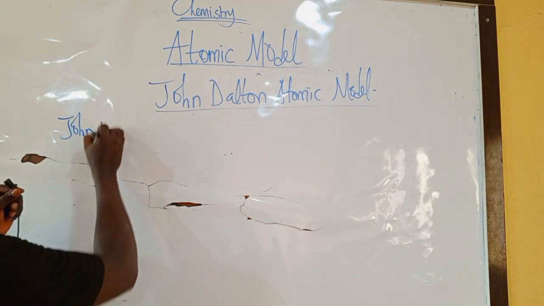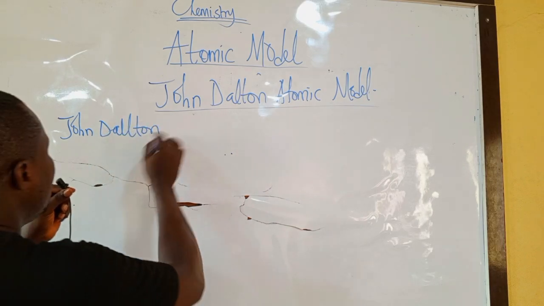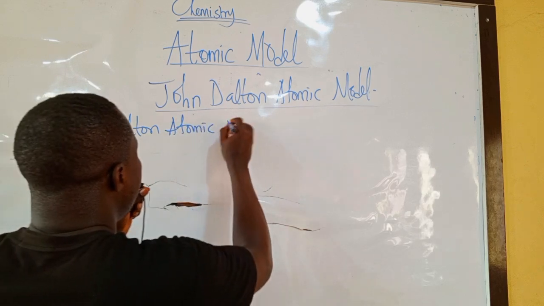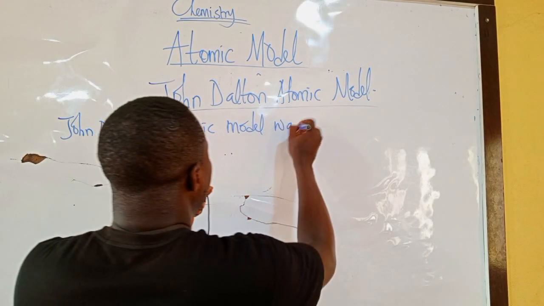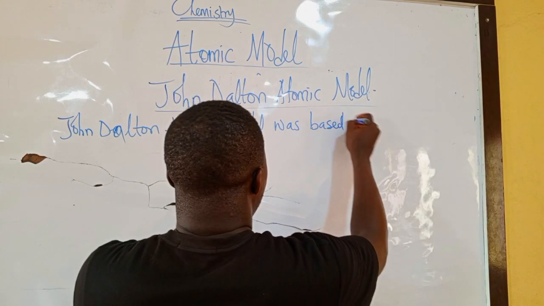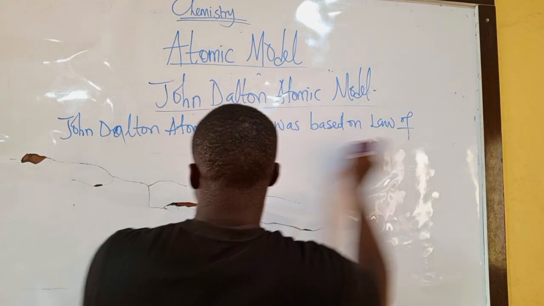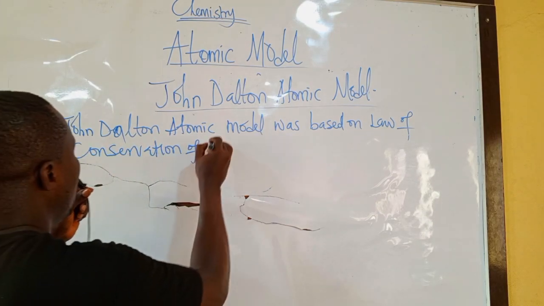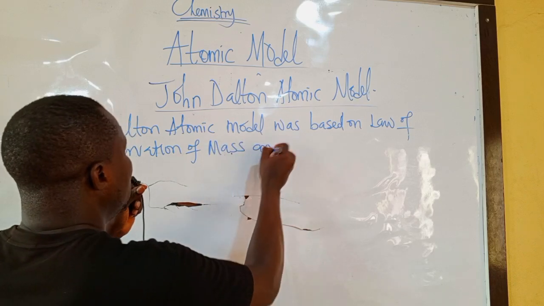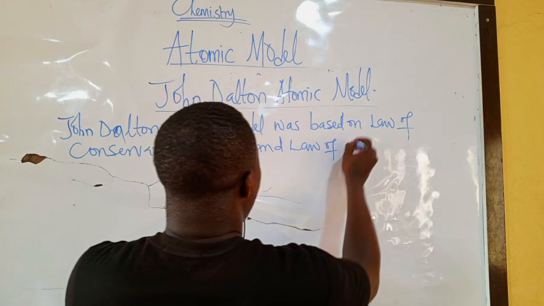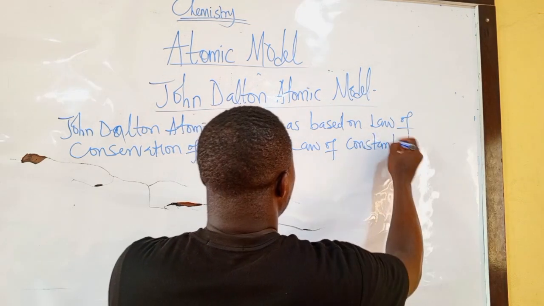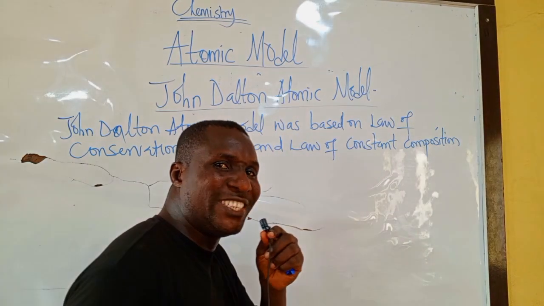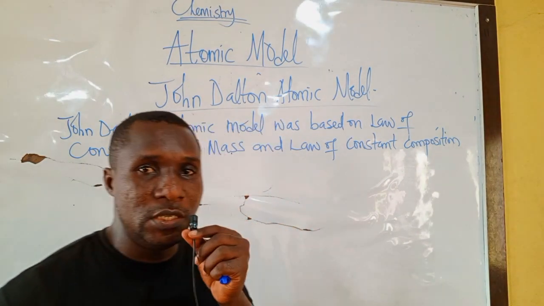John Dalton atomic model was based on law of conservation of mass and law of constant composition. Take note. These are the two significance of John Dalton atomic model.